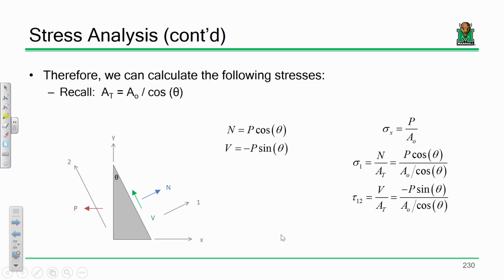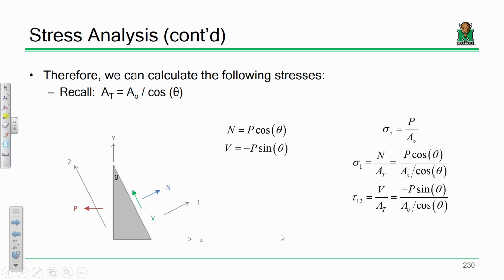Sigma sub 1 is stressed this way along that new coordinate system, and that new coordinate system is defined by that angle. Now, how am I computing that? Well, I'm taking n, dividing it by that transverse area, or that tangent area. So do you see how I'm getting sigma x is P over A, sigma 1 is n over A t?